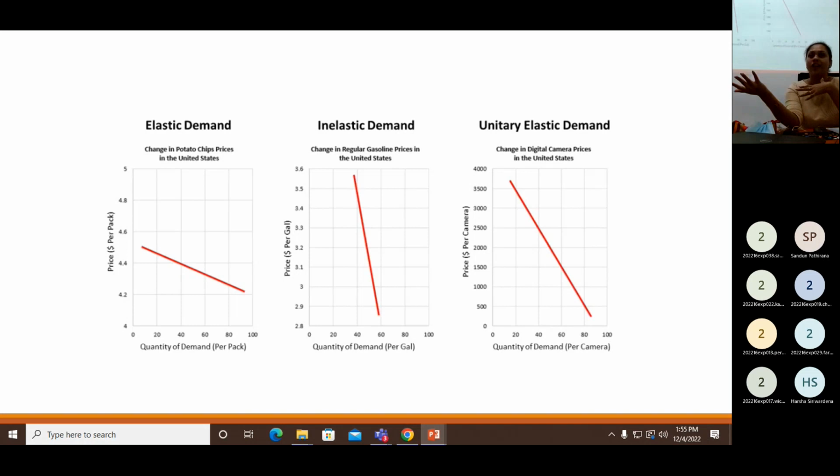You don't have any other alternatives to which you can move. So that's why there is an inelastic demand. Is that clear? One thing, it's essential; second thing, no substitutes. So you can write them down: inelastic demand is mostly for essential items and for the products where there are no close substitutes.